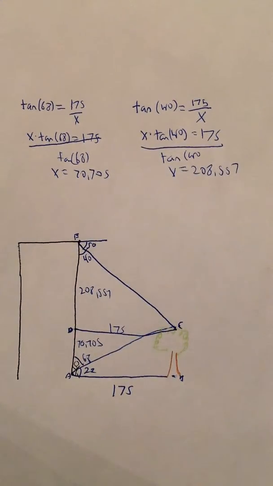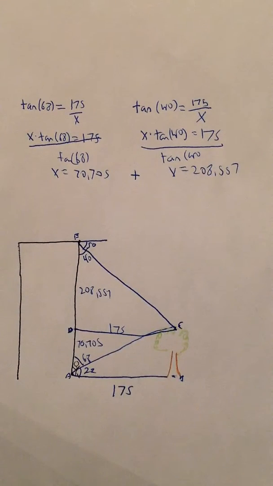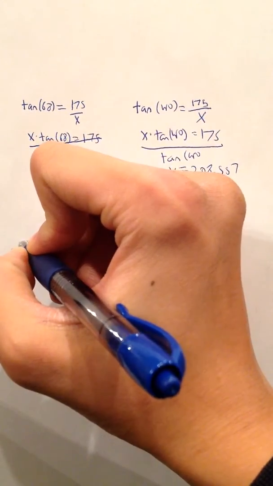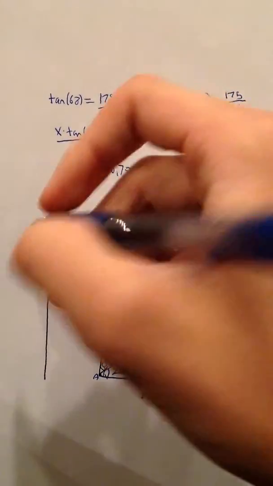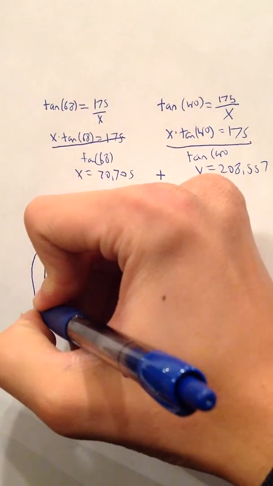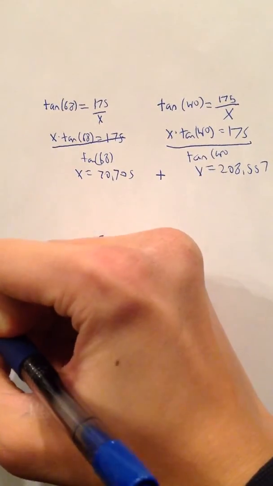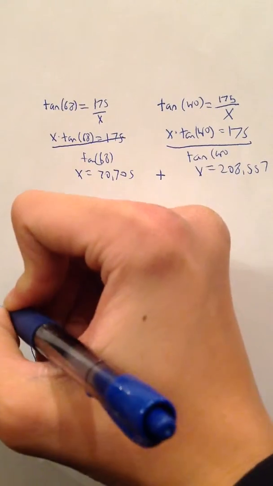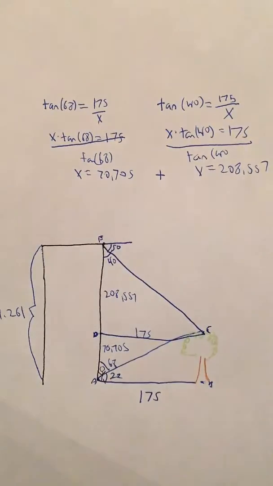And those two added up come out to be 279.261. So the entire height of the building is 279.261 meters tall.